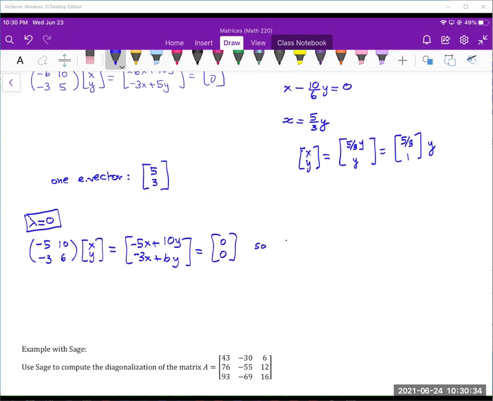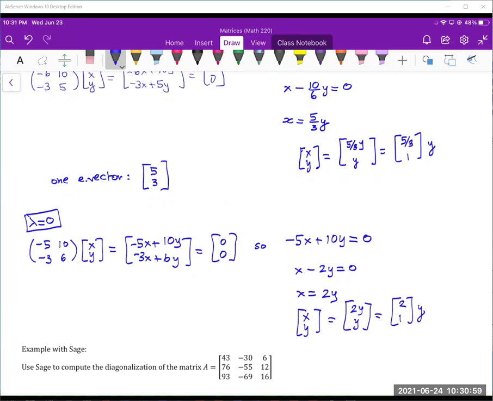So -5x plus 10y equals 0. I'm going to divide everything by -5, so x minus 2y is 0, x equals 2y. And so our solution is going to be (2y, y), and an eigenvector here is 2, 1.